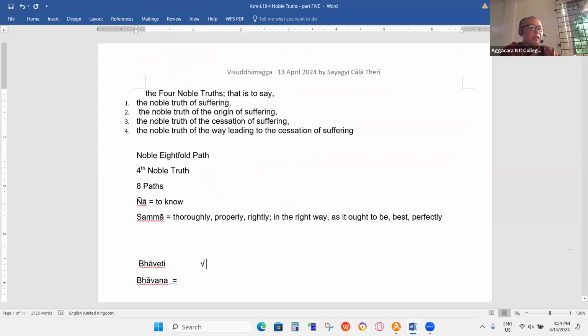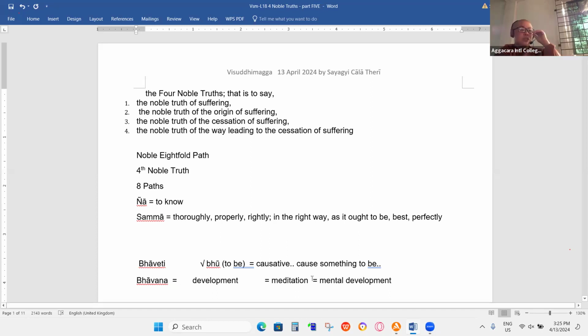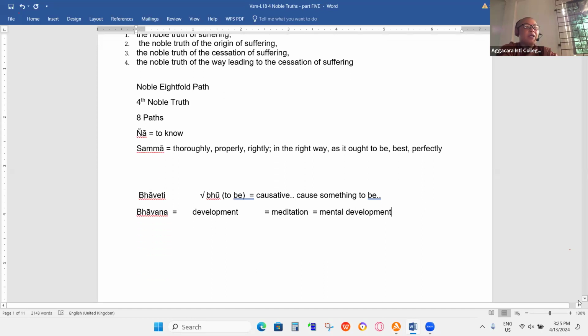For those attending my Pali class, you learned the root to be. To be plus the causative means you cause something to be, so you are actually developing. So when we talk about bhavana, in a way we call it meditation, it means mental development. You don't need to go purposely to a meditation center to develop your mind. You can develop your mind anytime, anywhere.